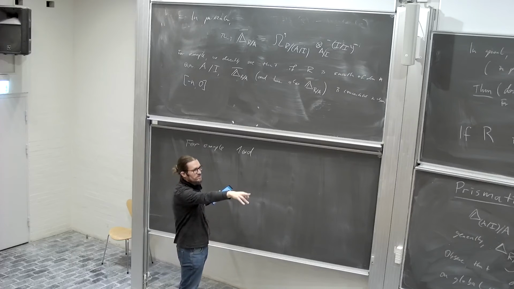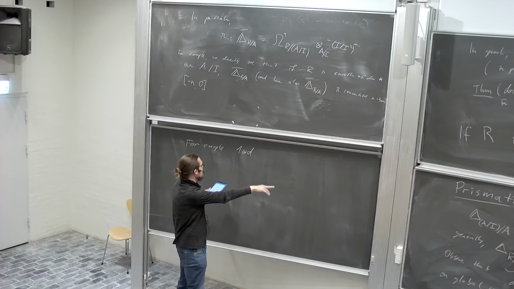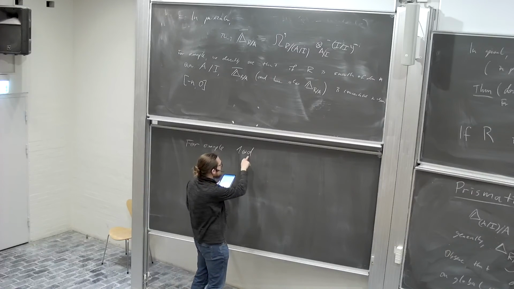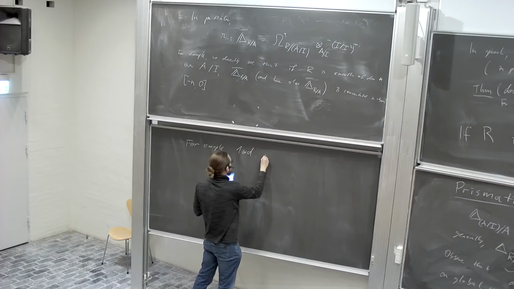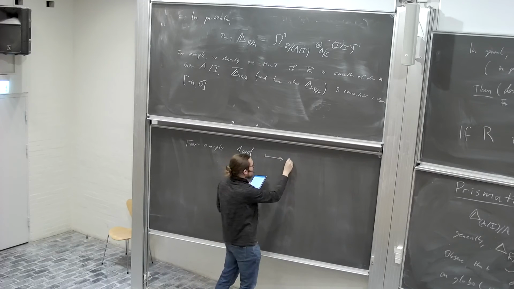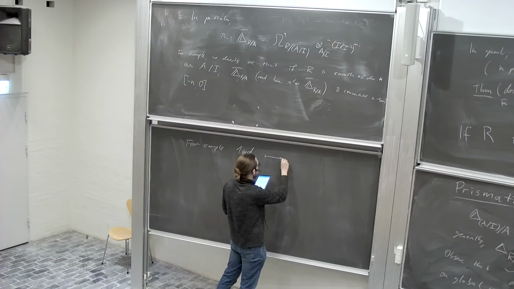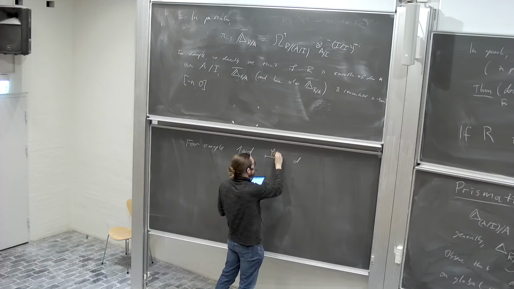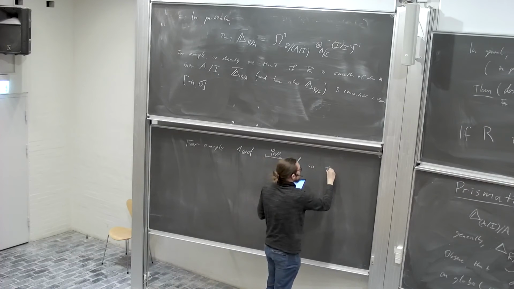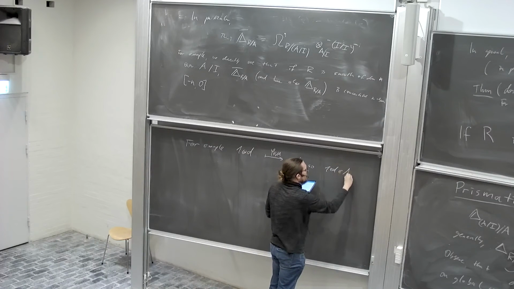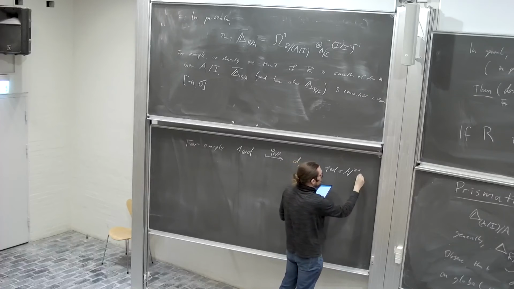Under the relative Frobenius, since this is A-linear with respect to the new A module structure on this Frobenius twist, this gets mapped to just D. And so 1 tensor D lies in Nygaard filtration bigger or equal 1.